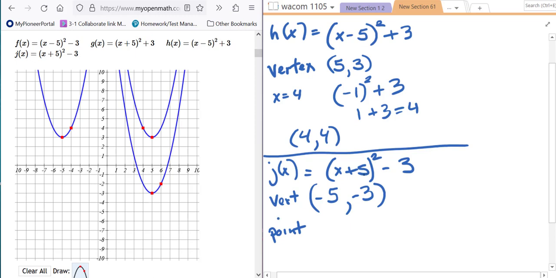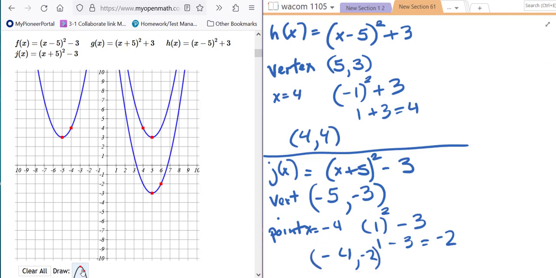All right, we still want this to not get too big. So let's put a negative 4 in. Right, so negative 4 plus 5 is a positive 1. So 1 minus 3 gives us a negative 2. So negative 4, negative 2 gives us a point.